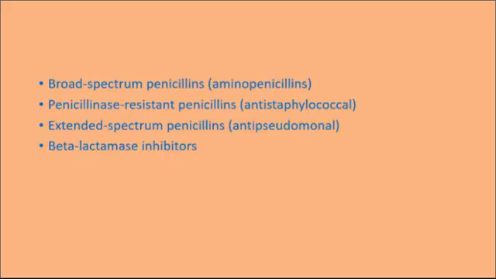The others are only given IM. We're going to focus more on the oral in this section. This group of drugs is not effective against gram-negative organisms. The extended spectrum fights against Pseudomonas.